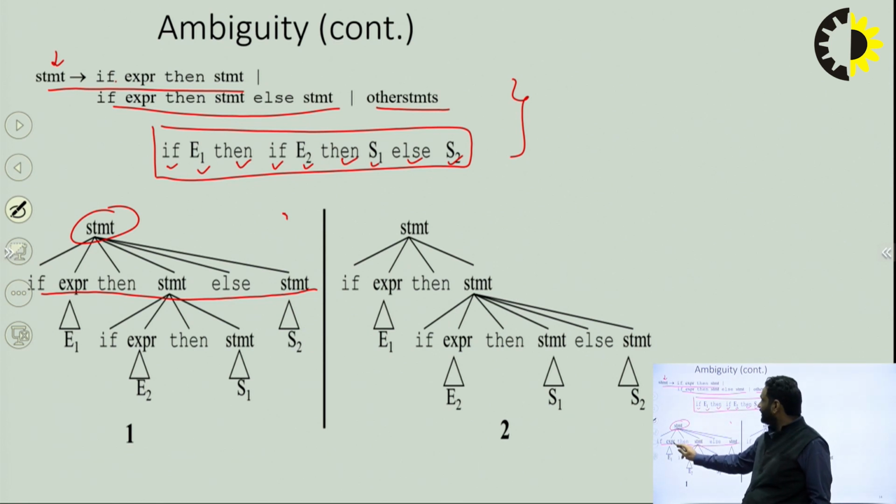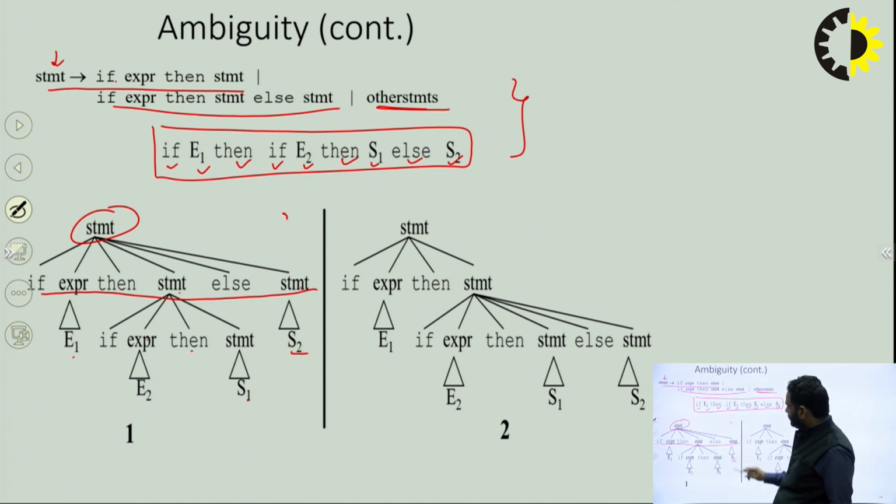In this one, we are expanding the expression to E1 and the other statement. Again, the second variable we expand by means of the first production rule, that is, statement to if expression then statement. In this, we convert the expression to E2, this statement is S1, and this statement is S2.